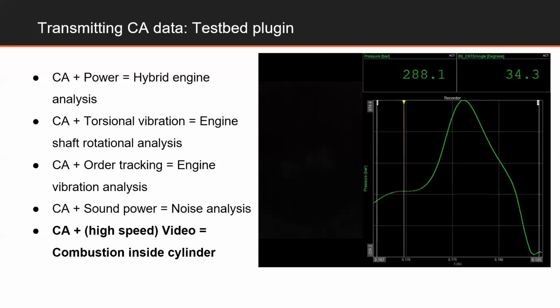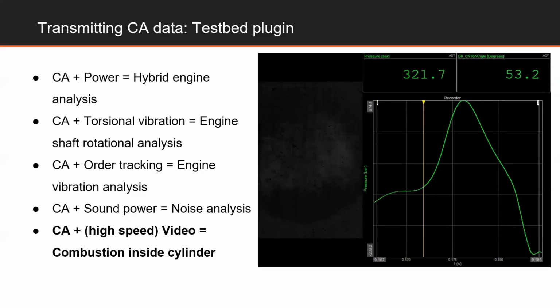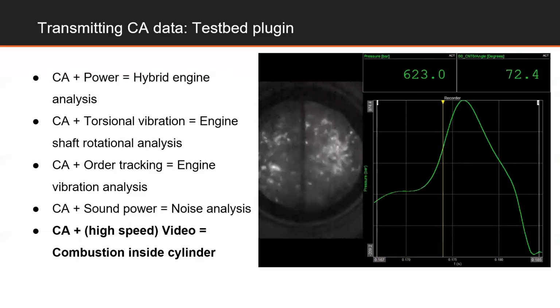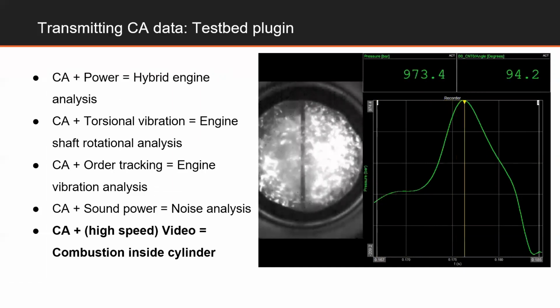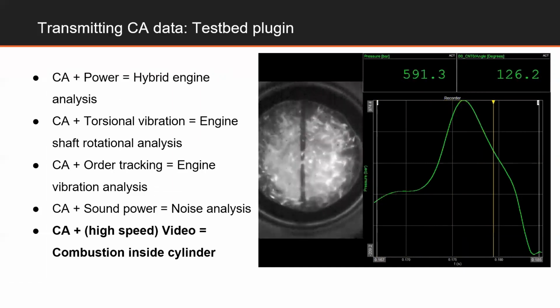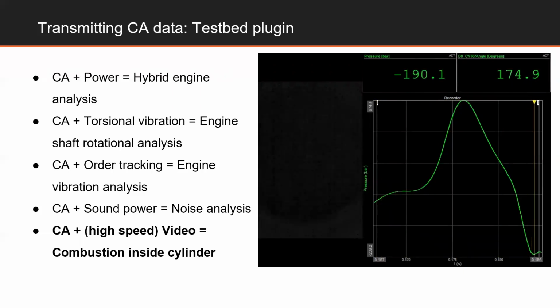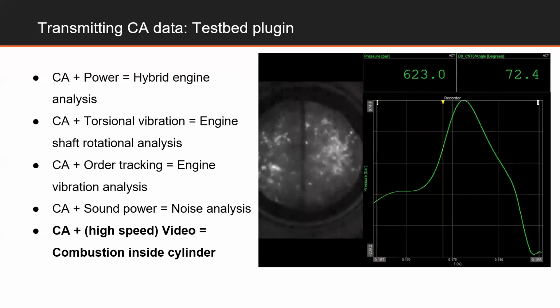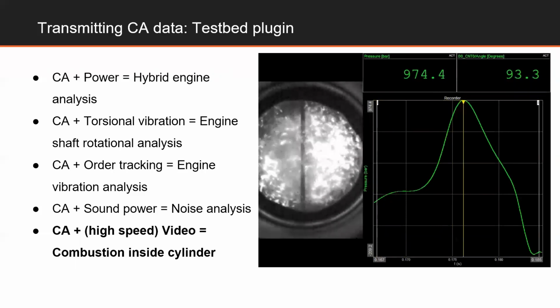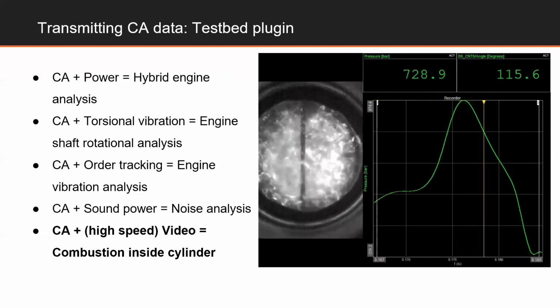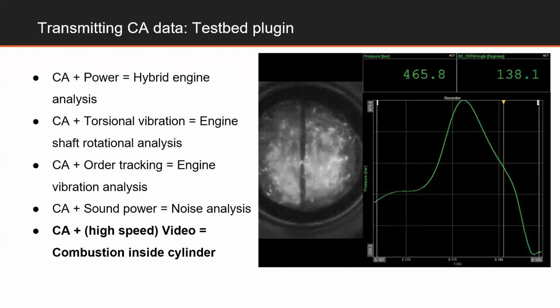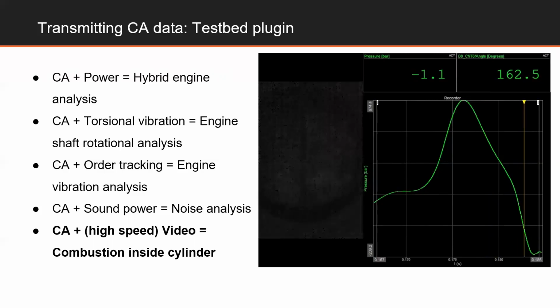Here's also a really nice example how DEWESoft can be coupled with other tools inside the software. For example, we have a really powerful electric power analyzer, and coupled with combustion analysis, this can make a really good hybrid engine analysis package, as you will see in the demo right after this. Combustion can also be coupled with torsional vibration, and this can be done if you just add an additional encoder or angle sensor on the other end of the crankshaft.